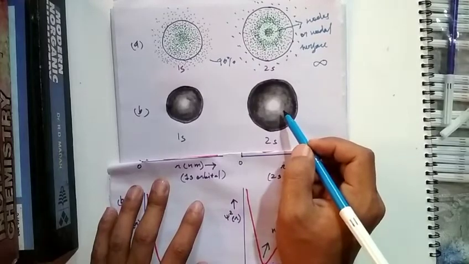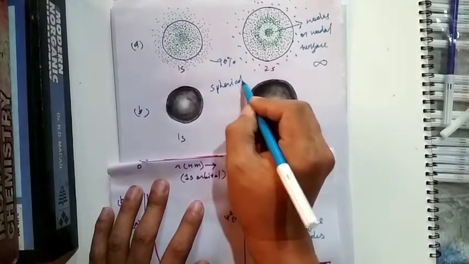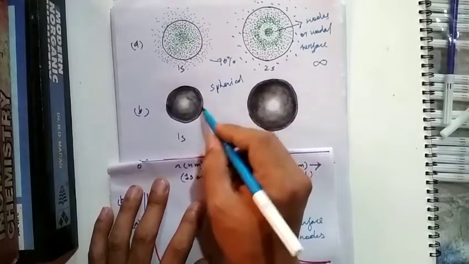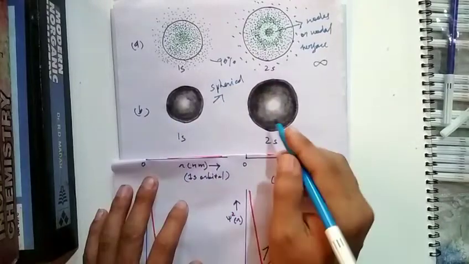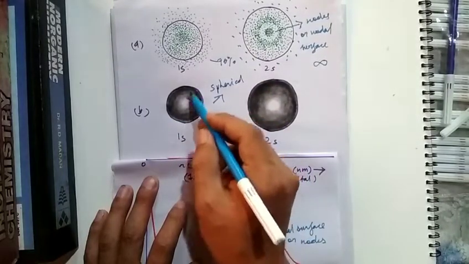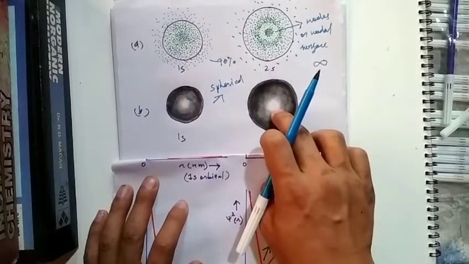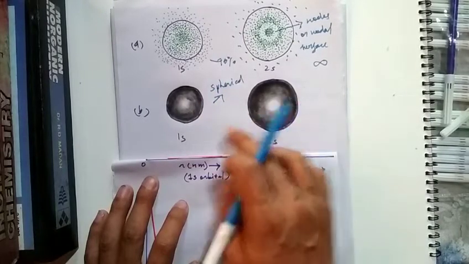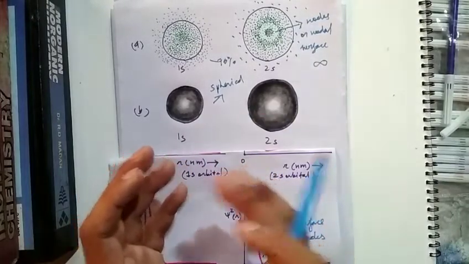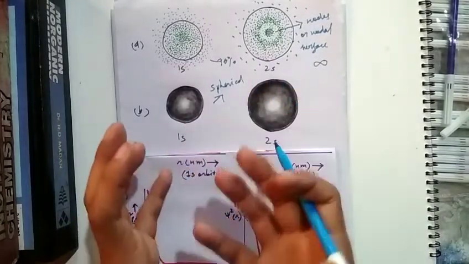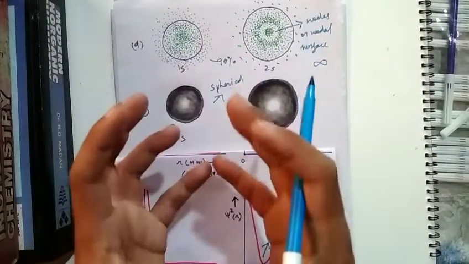Actually the shape is spherical for an s orbital, that means like a ball. It looks like a ball. The shiny effect also appears here to show it more like a 3D structure. In actuality it is 3D and spherical in shape.